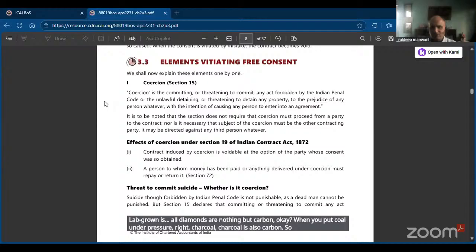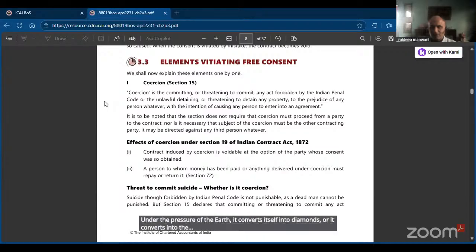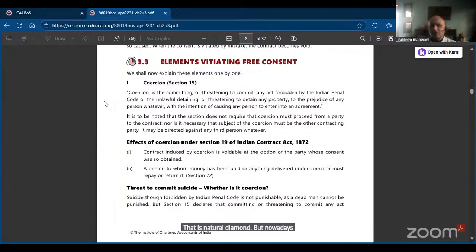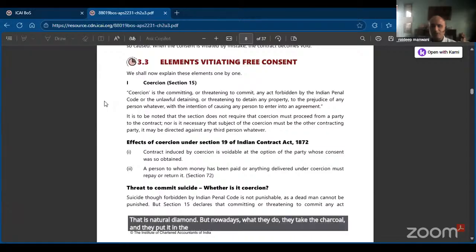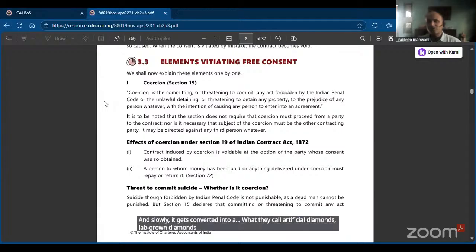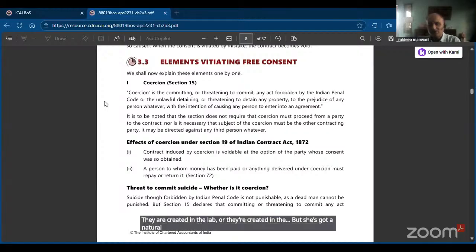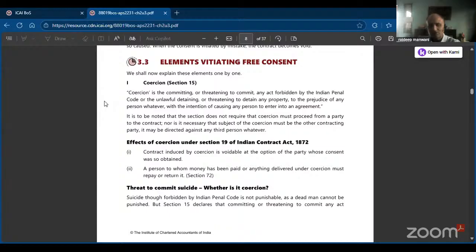Over a period of time, when this coal gets under the pressure and high temperature of the earth, it converts itself into diamond. That is natural diamond. But nowadays, they take the charcoal, put it in the lab with a lot of pressure and heat, and slowly it gets converted into a diamond. Those are called artificial diamonds, lab grown diamonds. They are not found under the earth. They are created in the lab. But she's got a natural diamond, and natural diamonds are nearly 20, 30 times more expensive.